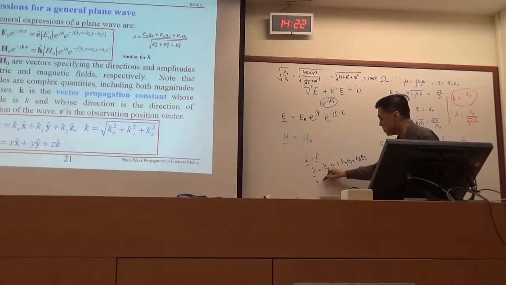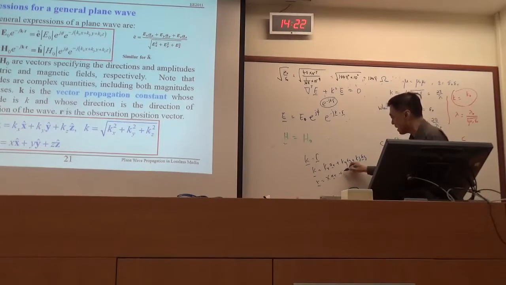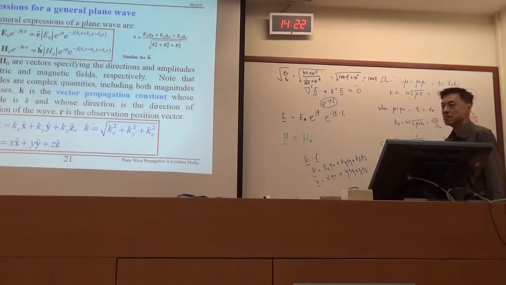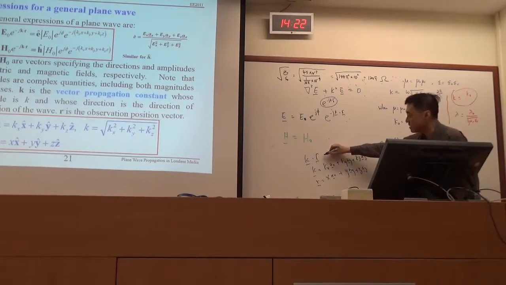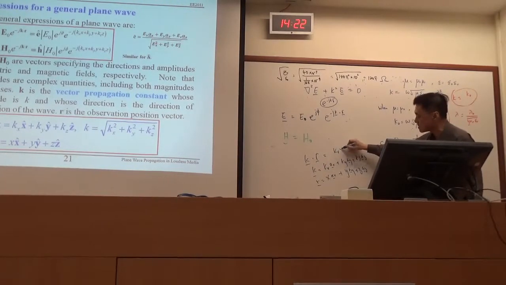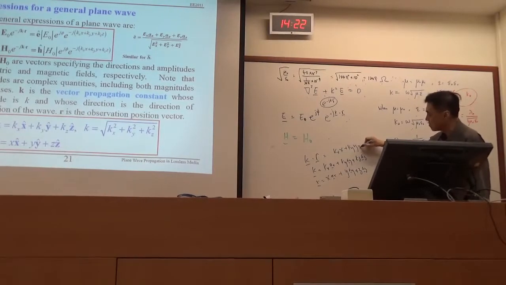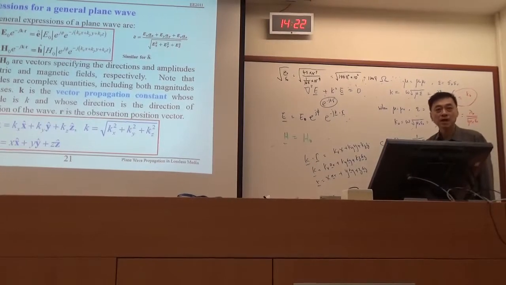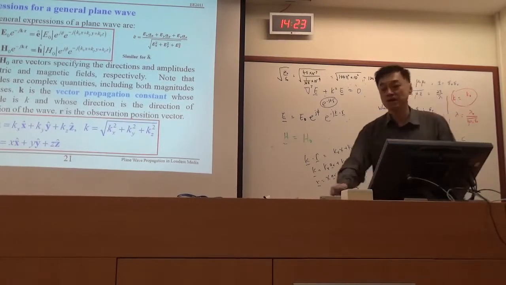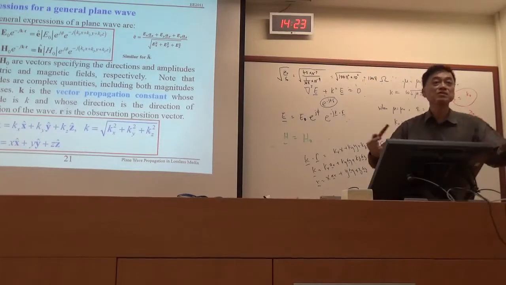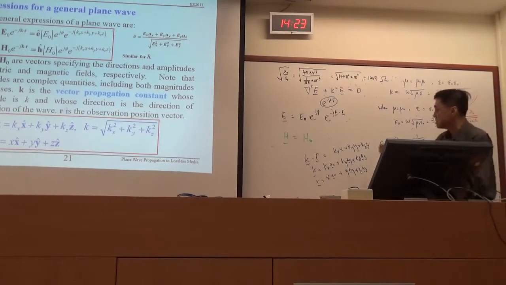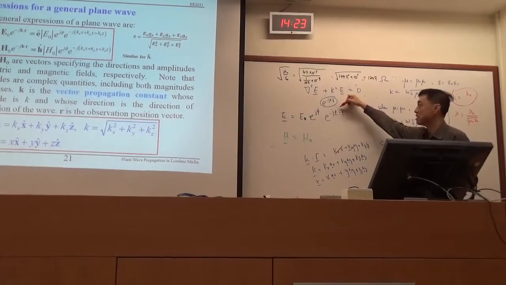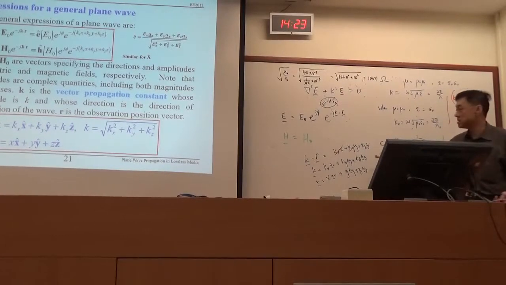And r is equal to x ax plus y ay plus z az. Therefore, k dot r is equal to kx x plus ky y plus kz z. Now, if we simplify further, we say that the propagation is only in the z direction. So this term goes to 0, this term goes to 0, and we get back to our original one. Correct or not?